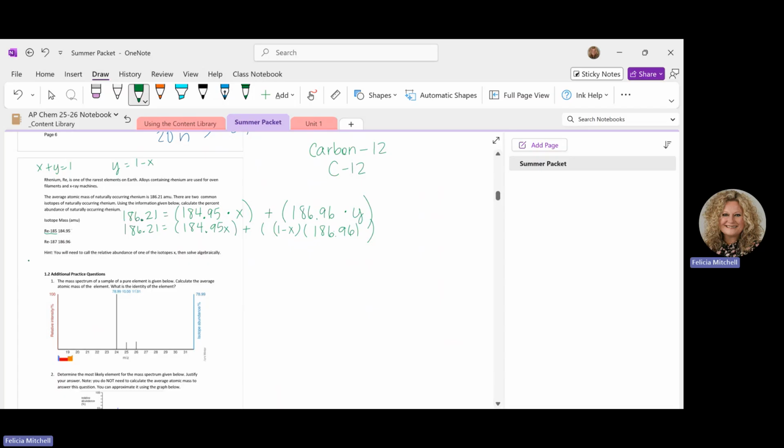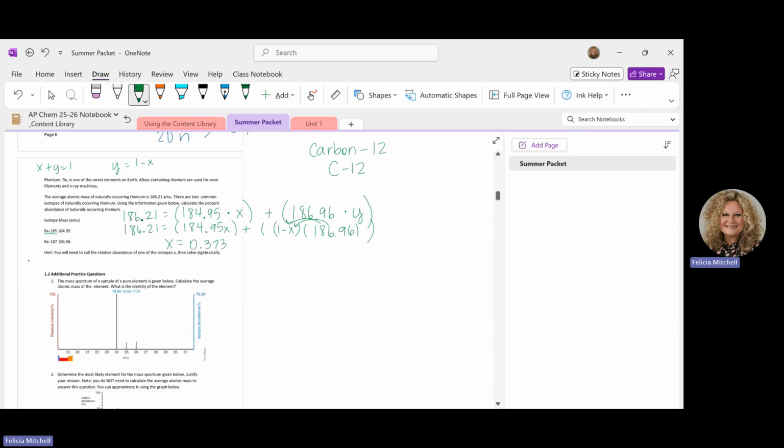Now, you're going to have to be good with your algebra here. Writing more is probably going to help you than writing less. But you're going to have to remember to distribute the 186.96. So you're going to have the 186.96 times the 1, and then minus 186.96 times x. At the end of the day, when all is said and done, you're going to get x equals 0.373.